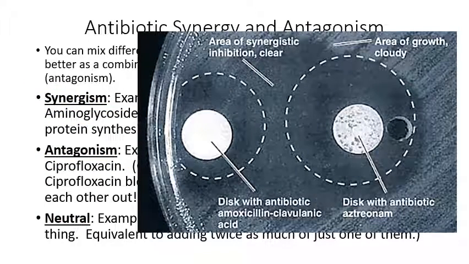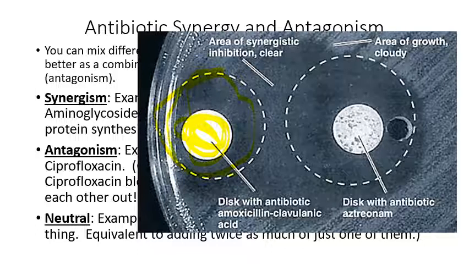Now here's how you would test it. You remember this test. This is our friend the Kirby-Bauer test. Here we have two different antibiotics in two different filter paper discs. Here's antibiotic A over here. It has a clearance zone that's that big, so we can measure the clearance zone, and it's only that big for that antibiotic by itself. Over here we have another antibiotic that by itself has a clearance zone that's only that big.